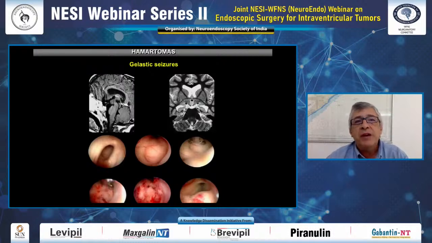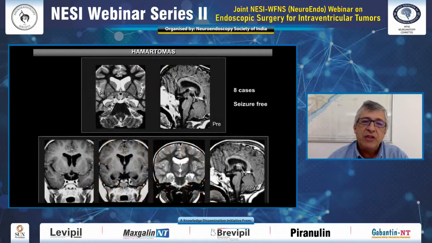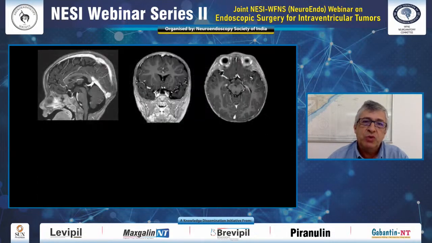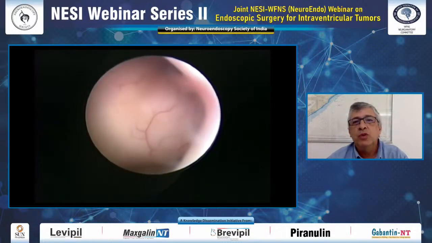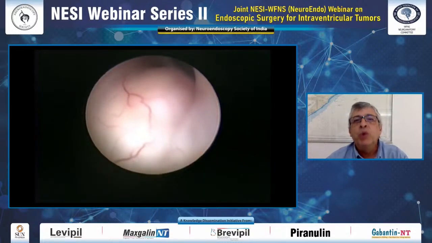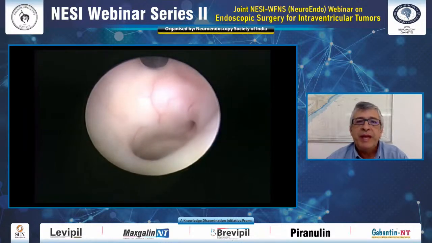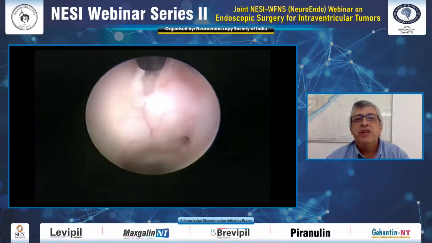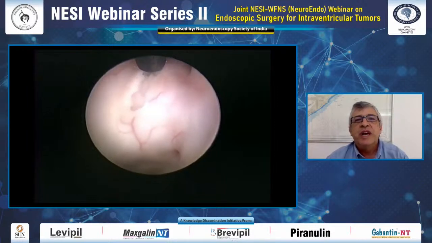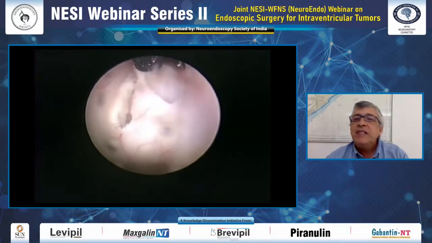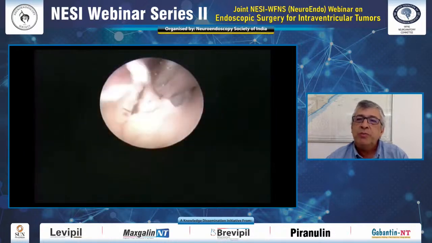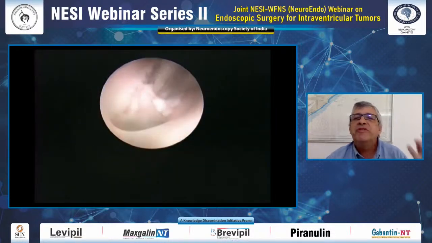The other example is the hamartomas that produce gelastic seizures like that. Using this kind of CUSA, it's possible to completely remove this lesion. And look at the foramen of Monro, the bulge of the hypothalamus. Again, you open the ependyma, then with the ultrasonic device, you try to completely remove it. It's soft tissue, but you cannot remove it only by aspiration.